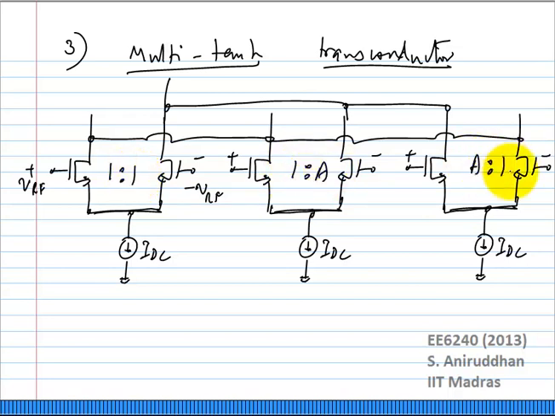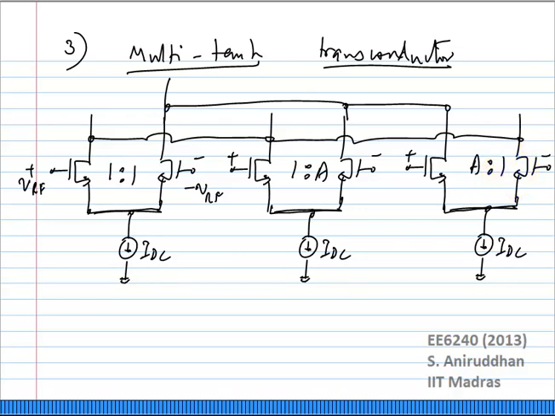I'm going to size these differential pairs in such a manner. Okay, the first one is going to be completely symmetric, the second one is going to be biased in one direction, the third one is going to be biased in exactly the opposite direction with the same bias current.